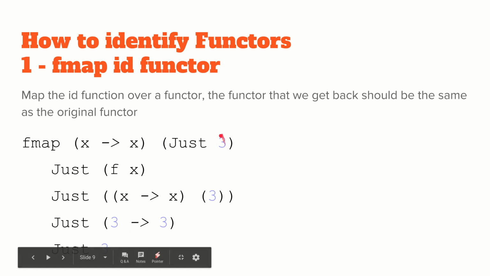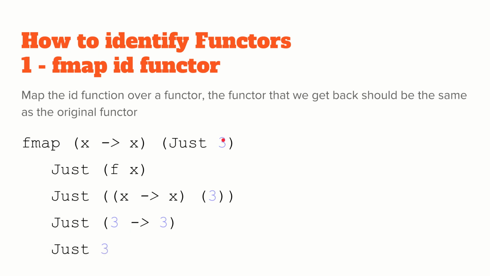So if you've got this value and you have your constructor, you always get the same result with your value and your constructor, and that is effectively what this rule says.